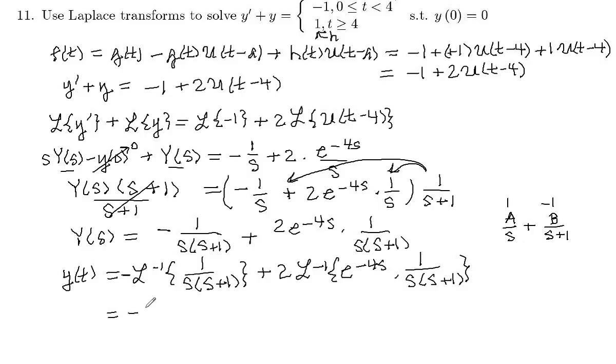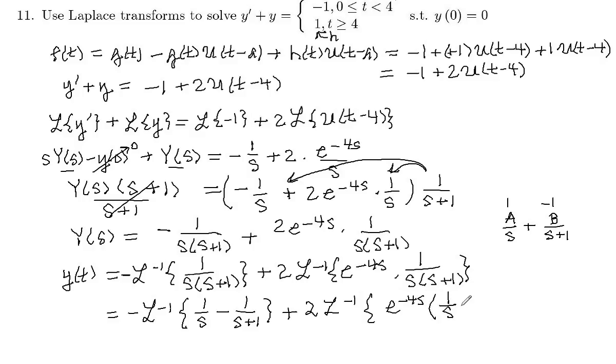So this is now negative L inverse of 1 over s minus 1 over s plus 1, and then plus 2 L inverse of e to the minus 4s times the quantity 1 over s minus 1 over s plus 1.